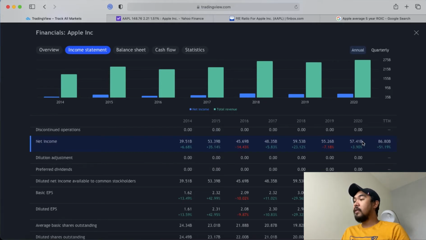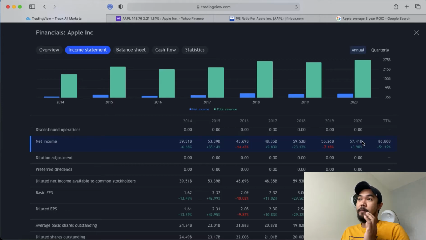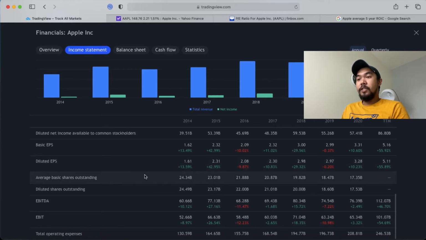And number 5, shares outstanding should be going down year to year. What that means is that the price we're paying to buy Apple is not being diluted by them issuing more shares. That means we get more value for the price that we pay for the stock. So let's go there. Shares outstanding, average basic shares.